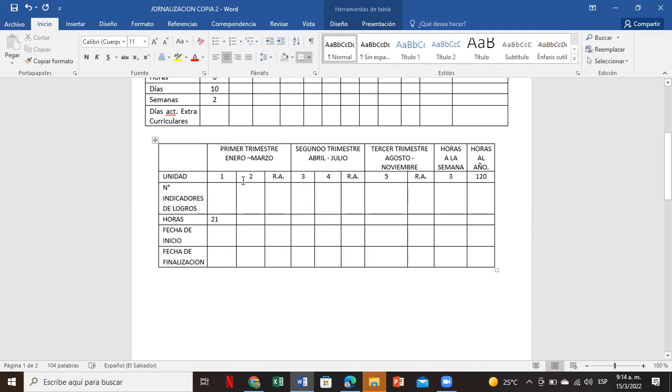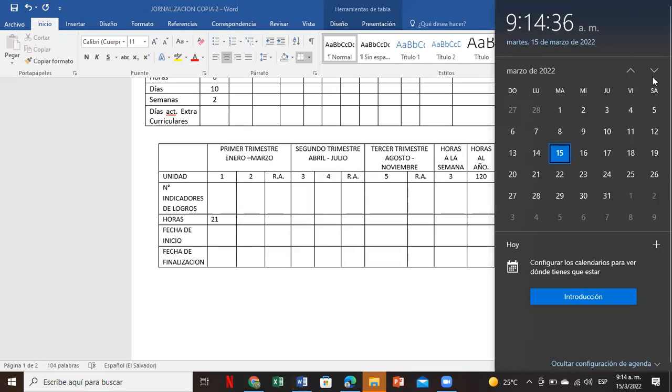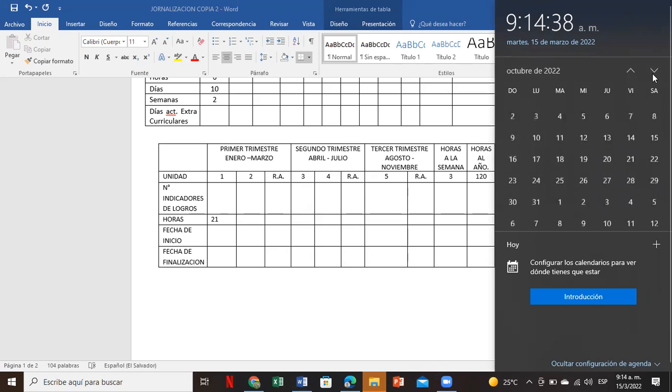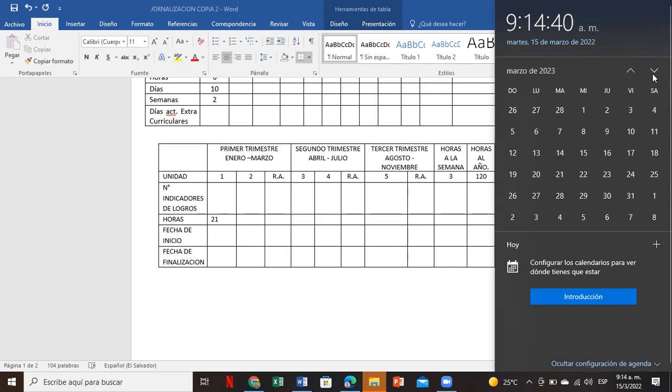Now let's start March. So let's go back. Vamos a ver, en marzo. Esto es para los que van a jornalizar con 10 unidades, ¿ok? En marzo, nosotros terminamos March 3rd.